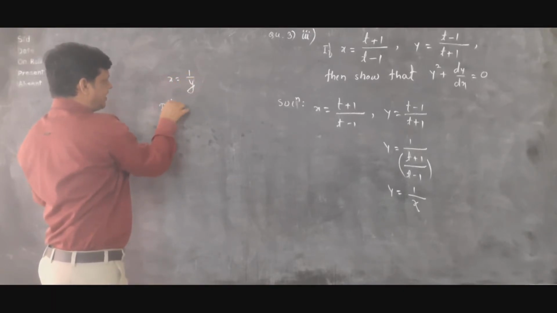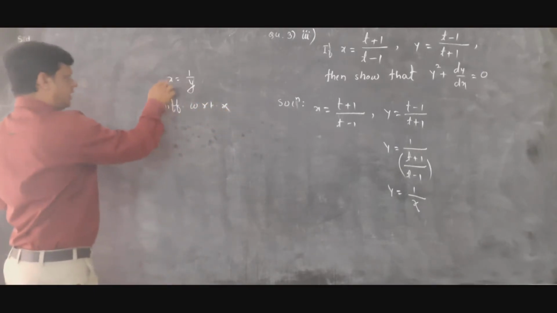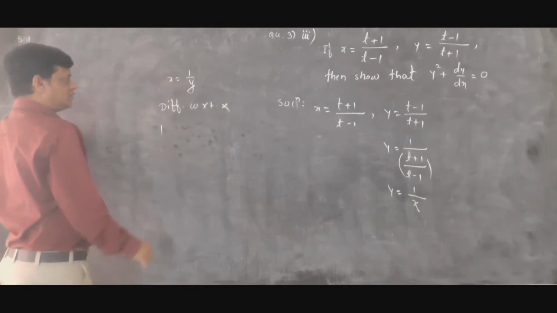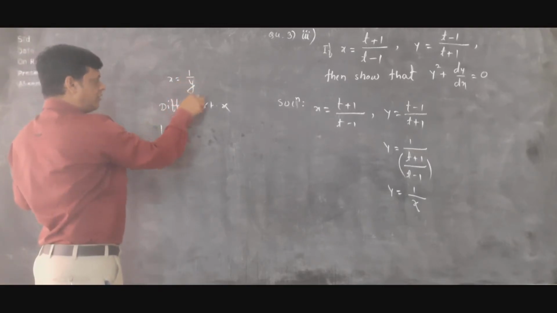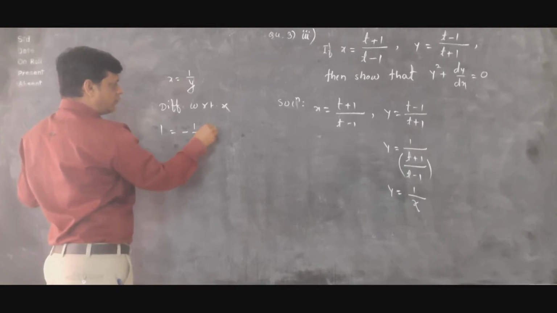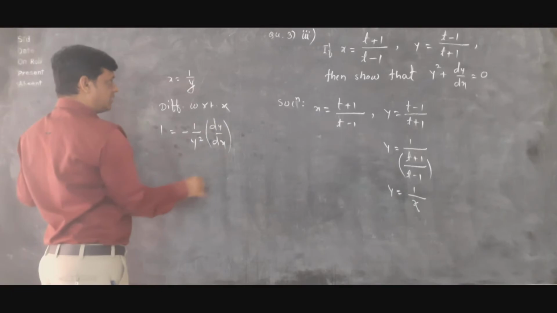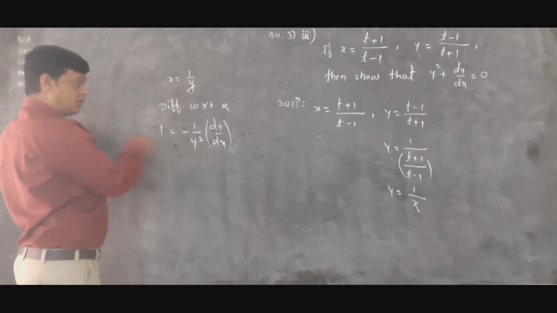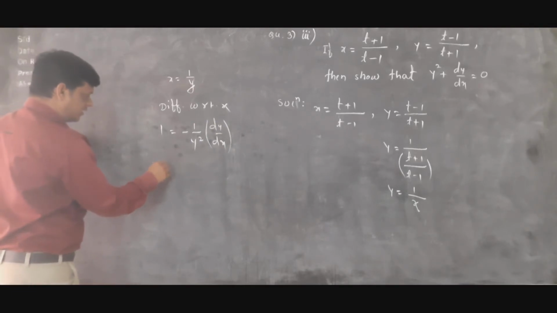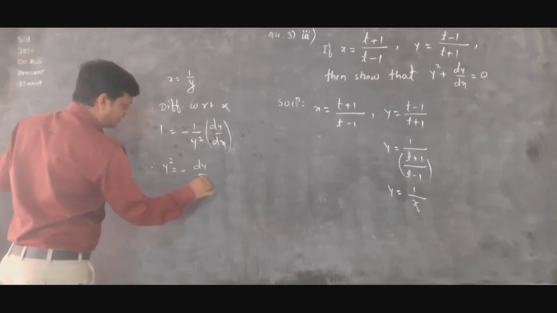Now differentiate with respect to x. The derivative of x with respect to x is 1, which is equal to the derivative of 1 upon y, which is minus 1 upon y square into the derivative of y, we write dy by dx. Now transfer this y square to the left hand side. So y square is equal to minus dy by dx.